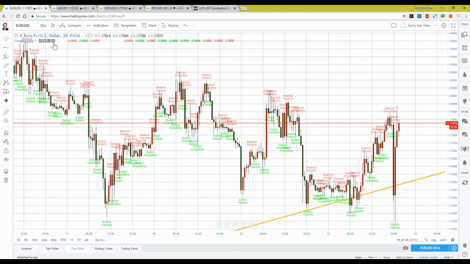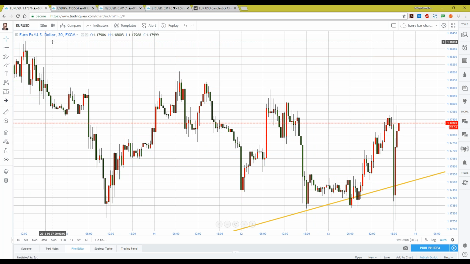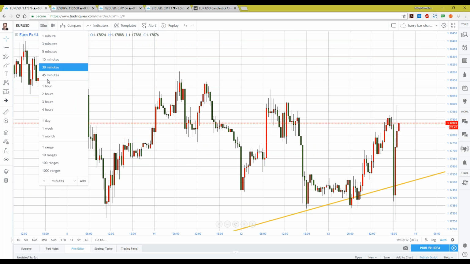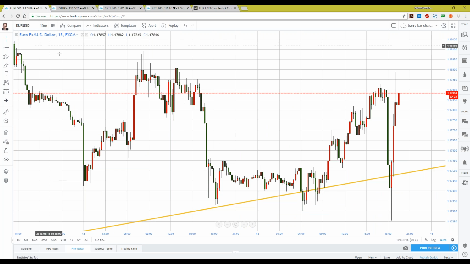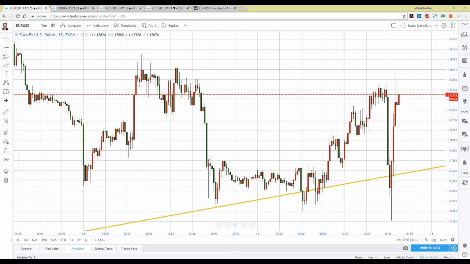I want to get these. Okay, we want a 15-minute chart. Okay, and we can see the 3 upside down that developed right here on our chart.